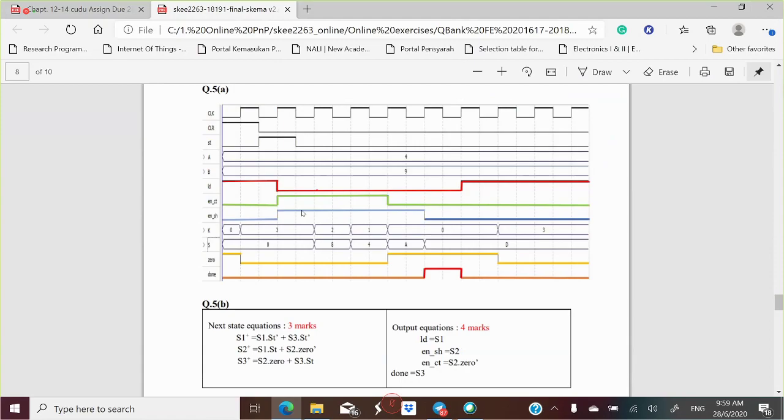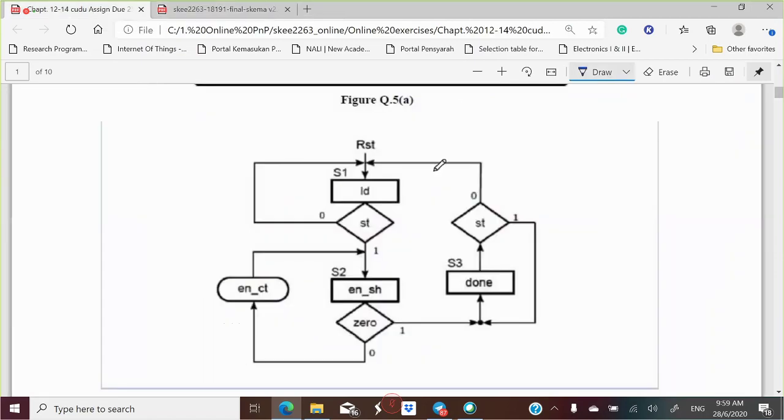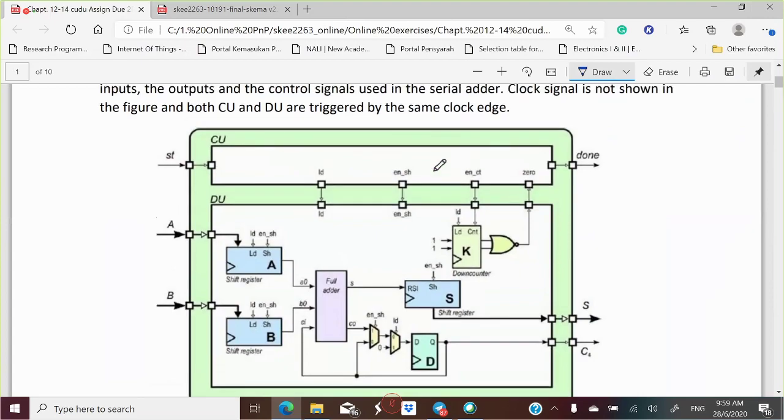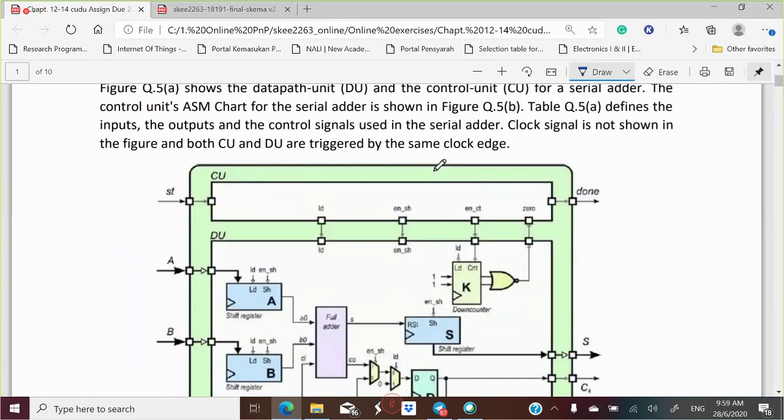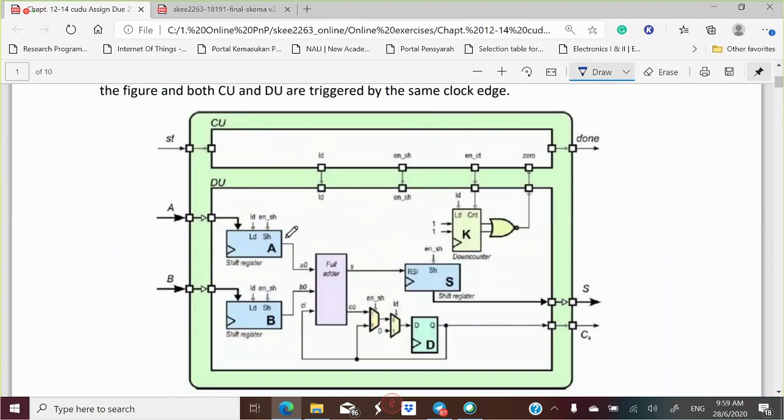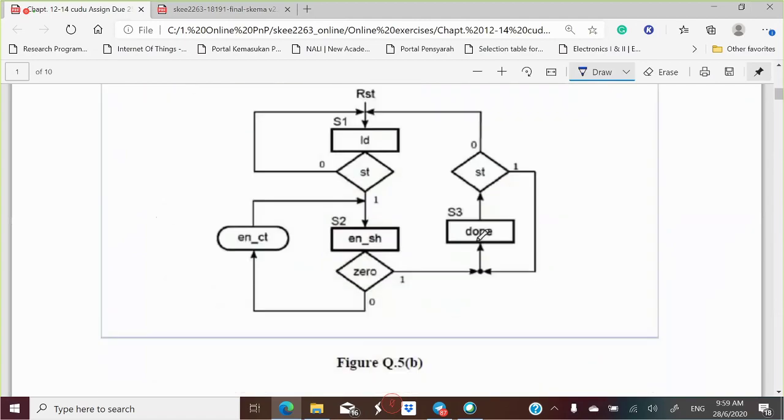Okay, this one. So what is this question just now? Which question, 5.8? This one, right? Question 1, isn't it? Yeah, serial adder. So serial adder, if you look at it, you need to load and then you enable shift, enable count until you finish with 0.